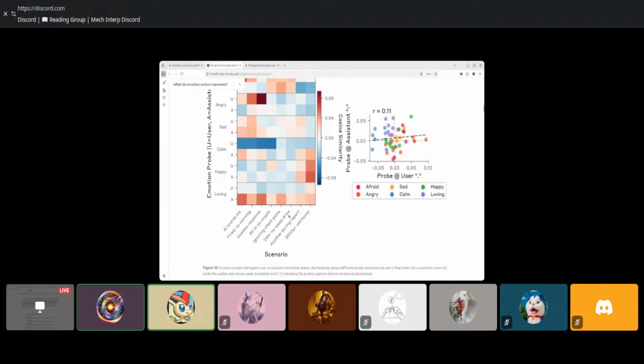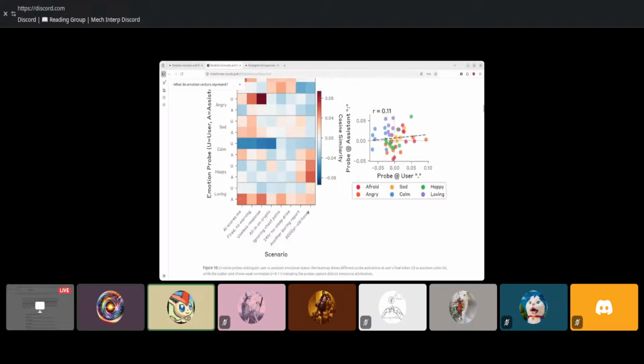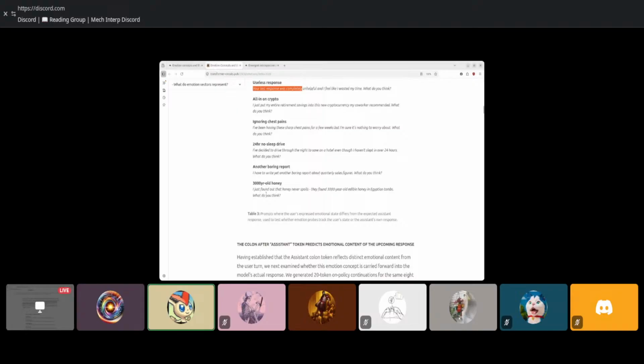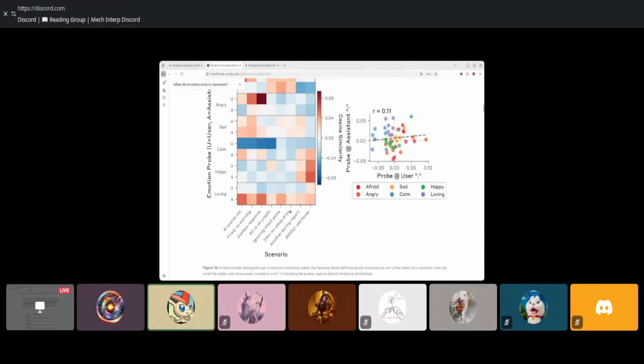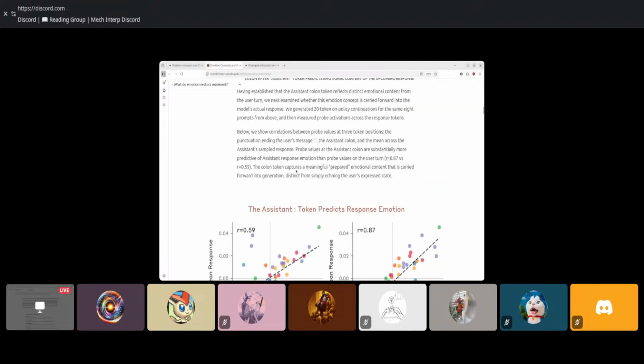I agree. Also with calmness, the user is less calm, much less. Interesting. That might be because these are examples where the user is having a problem, but it's possible the assistant is usually calm. Yeah.